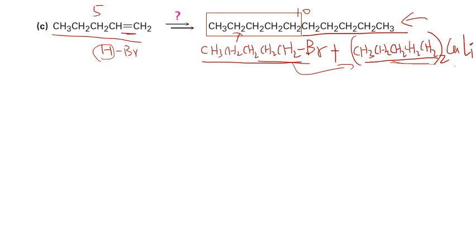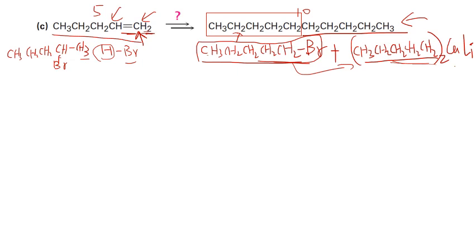So the double bond carbon has 2 hydrogens, so hydrogen goes here, and the bromine goes here, and the product will be CH3, CH2, CH2, CH, CH3, bromine. So hydrogen adds to the end, so you have 3 hydrogens, and the second carbon has a bromine. That's not what we want. We want the bromine at the end carbon, not the second carbon.